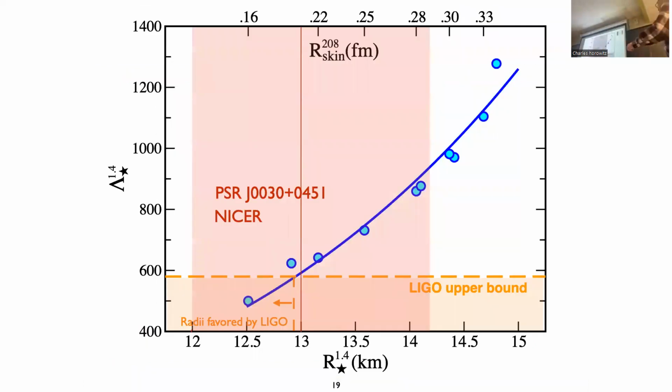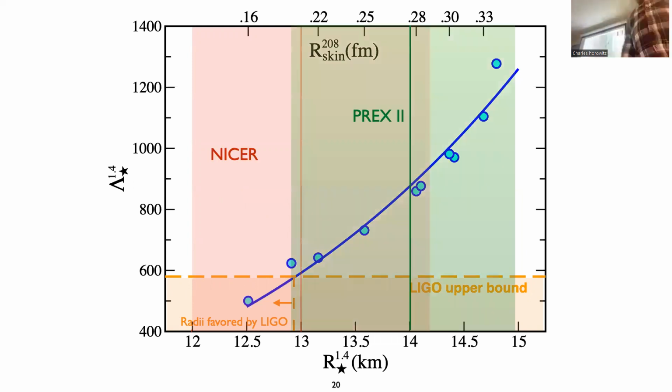And so basically, for this particular pulsar, NICER measures 13, essentially plus or minus 1 kilometers. So this is the NICER range. So the X-ray observation says it's 13 plus or minus 1. The gravitational waves say it's 13 or less.